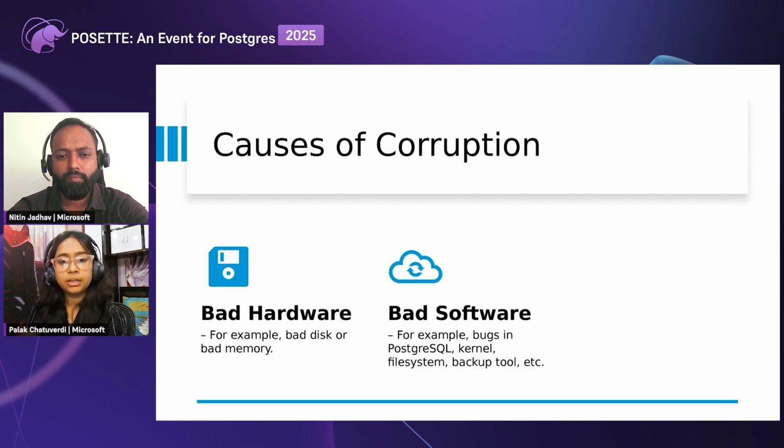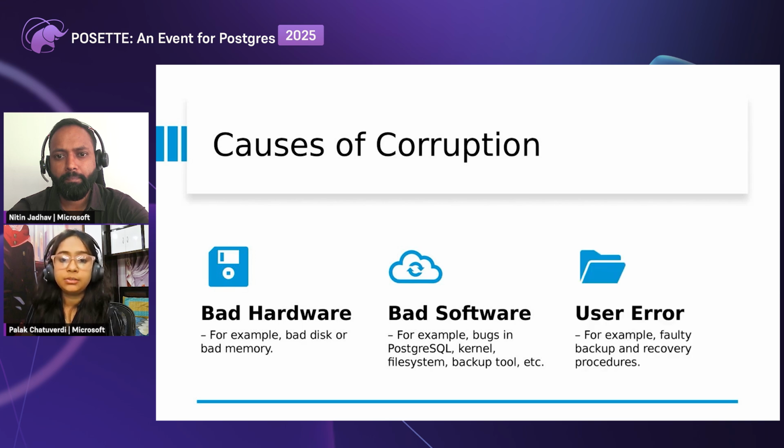Second is bad software. It is possible that there are bugs present in PostgreSQL, which is very rare, but maybe there are some bugs. Also, the bugs in kernel and OS. Also, the antivirus tool that we are running or the backup tool that we have. All these can cause corruption. And the last problem that can be is you yourself.